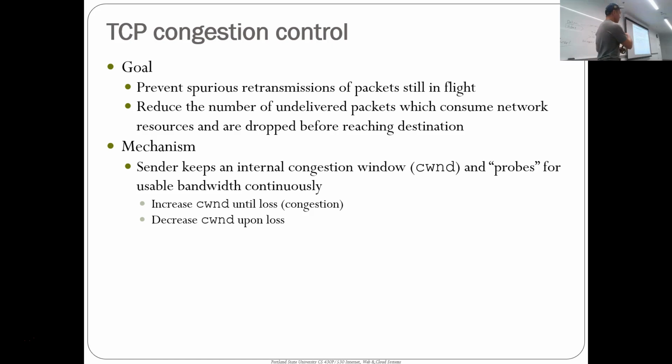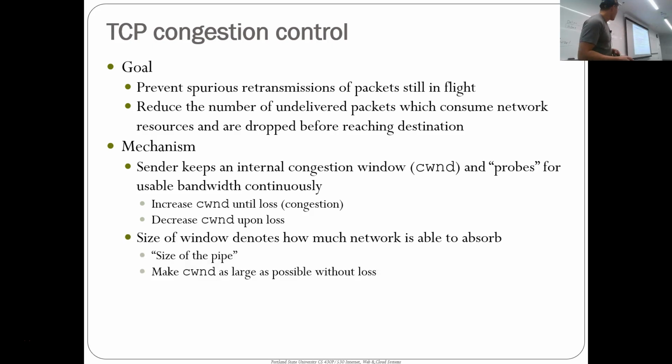Anytime it sees a packet loss and has to do a retransmission, it'll cut the transmission rate in half, or slow down the congestion window. So the size of the window denotes how much a network can absorb, and we call it the size of the pipe. Ideally, it will be the bandwidth times the delay product of the connection.